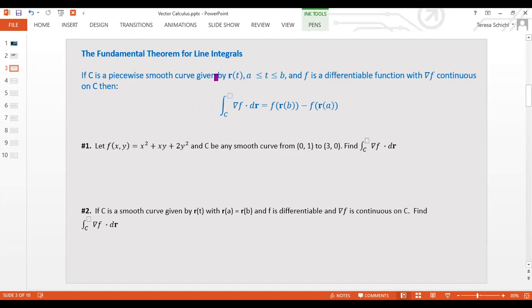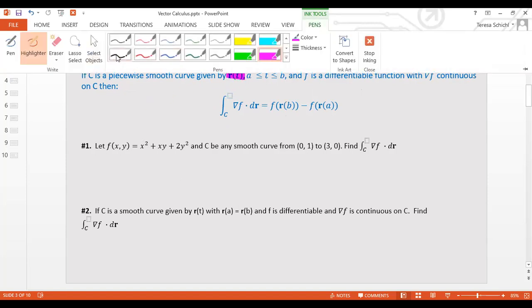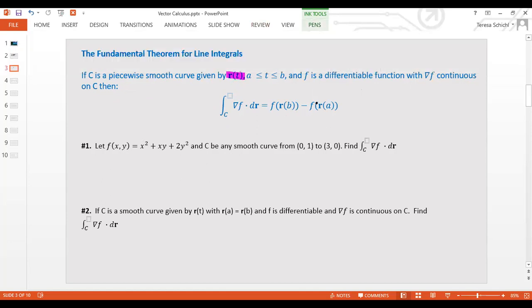This curve is written by r of t, a parametric form like we learned before, right? And F is a differentiable function. This is very similar to calculus 2. We know del F in R2 is the partial for x and the partial for y, right?